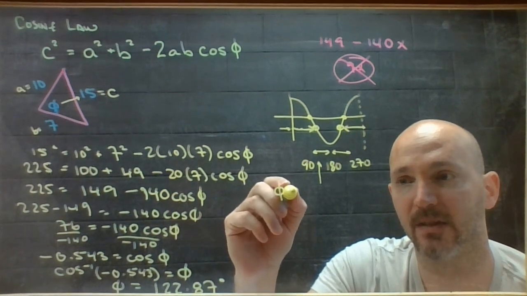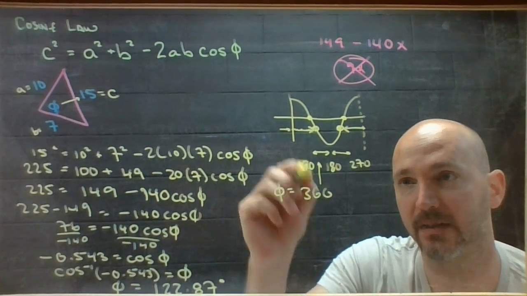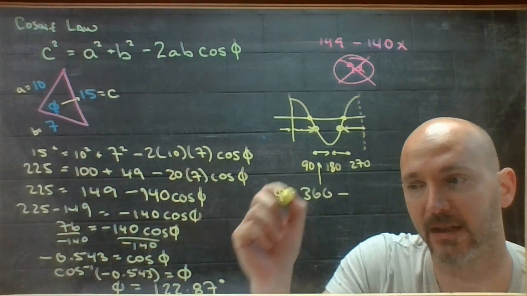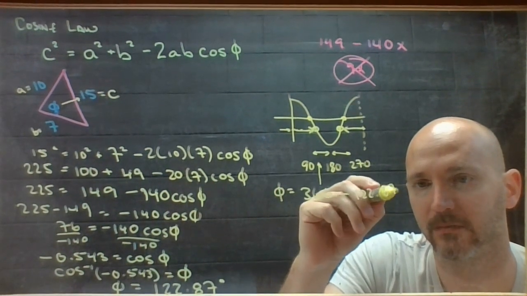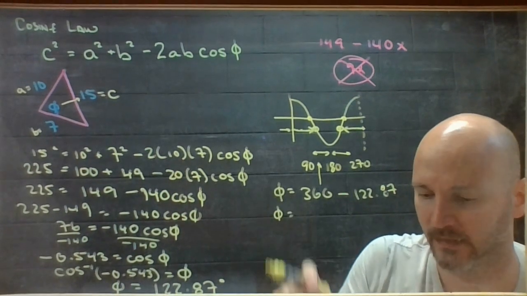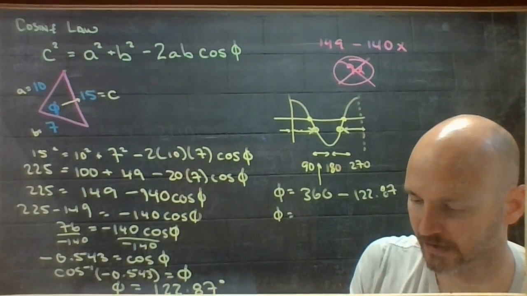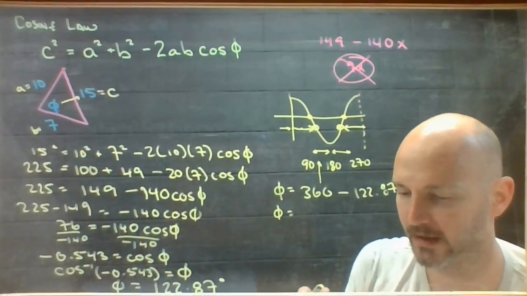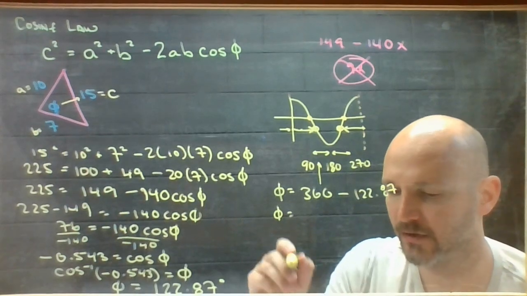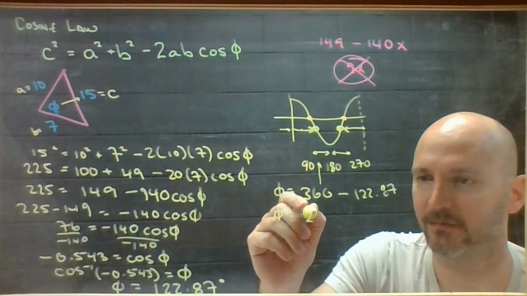So my second solution would be 360 all the way to the end, and then back up this much. So 360 subtract 122.87 is 237.13.